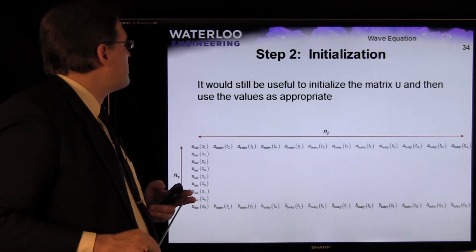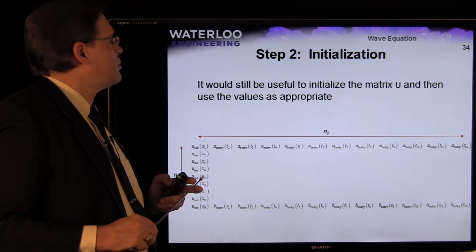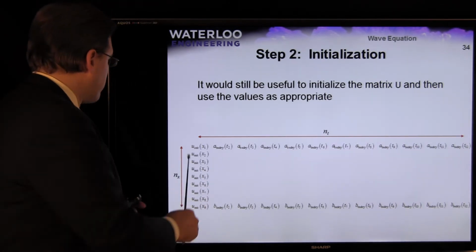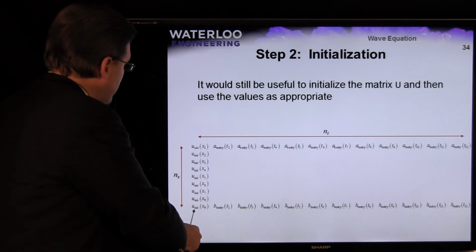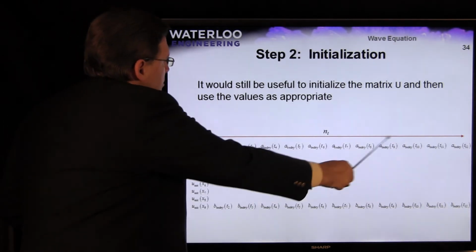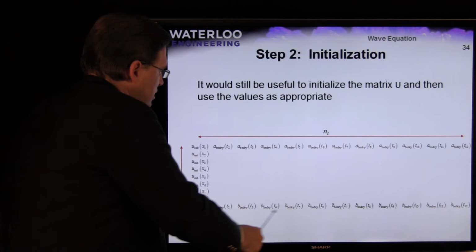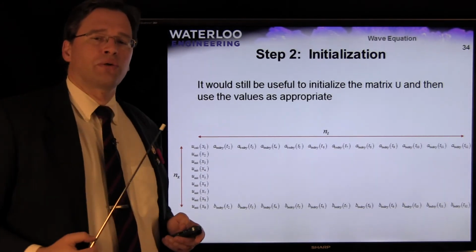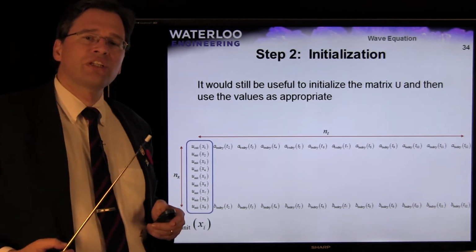Now, it would still be useful to initialize the matrix U and then carry on calculating. We've broken up space into n sub x points, time into n sub t points. This suggests, therefore, we should have an n sub x by n sub t matrix of zeros initially. Then we have to initialize it.